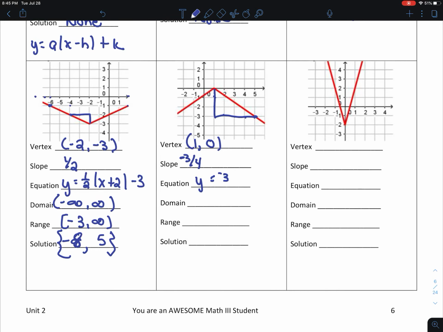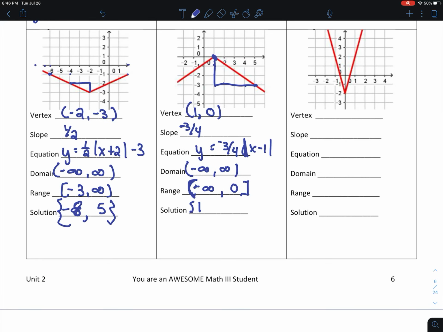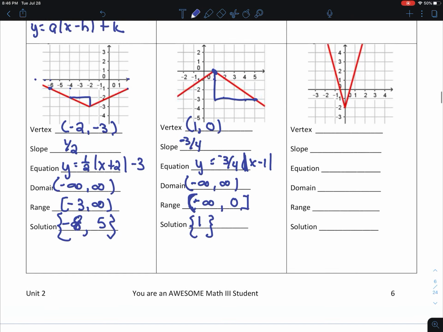My equation there is y is equal to, it's negative because it's upside down, 3/4 absolute value of x minus 1. And there's no, we could say plus 0, but we never do. Domain is negative infinity to infinity. My range goes from negative infinity to 0, and that's a parenthesis and that's a bracket. My solution, it only crosses the x-axis in one place, and that is at 1.